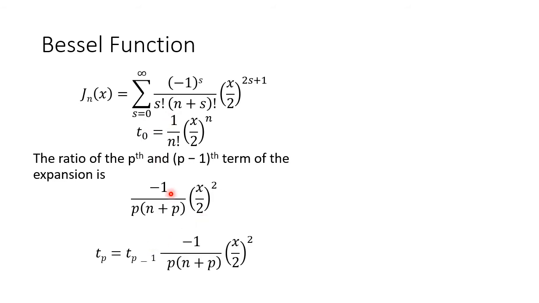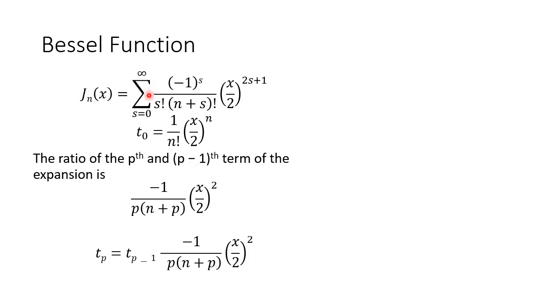You just start with the 0th term, then you can calculate the first term by multiplying that with this factor. Alright, so we can calculate the pth term, present term, as previous term into this factor, minus 1 divided by p into n plus p, x by 2 whole square. Okay, so using this technique we can consider an algorithm to find out Bessel function.